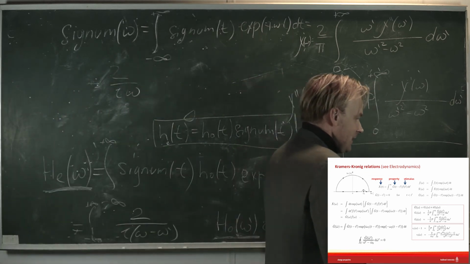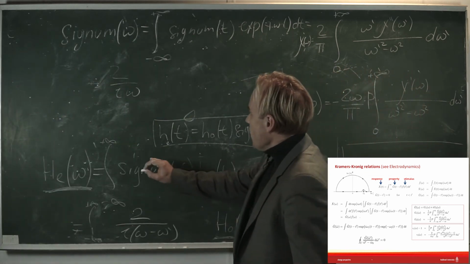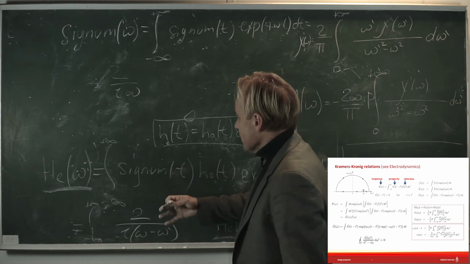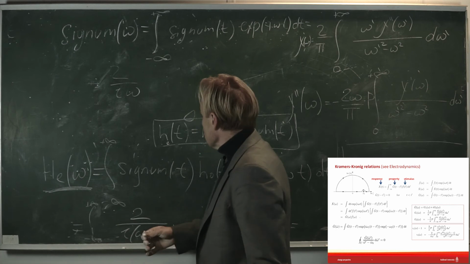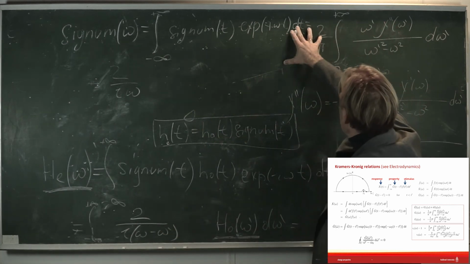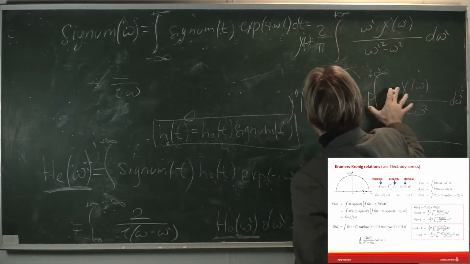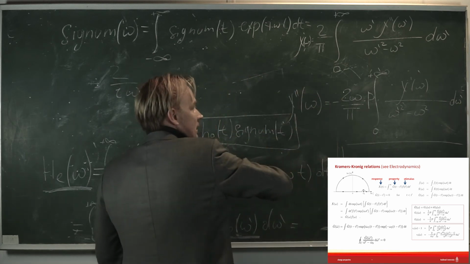Basically, it shows that if you have a property that connects force and response, and you know the real part of this property in the frequency domain, we can calculate the spectrum of the imaginary part and the other way around.